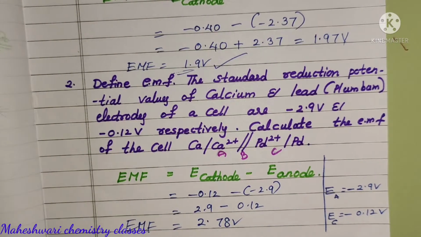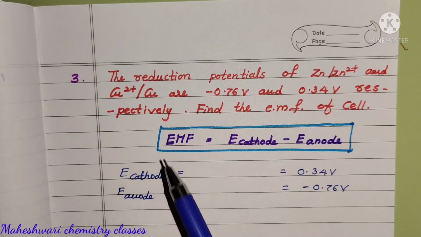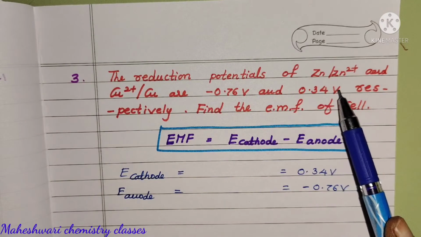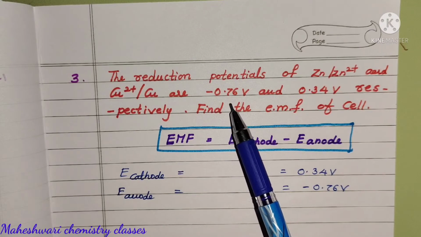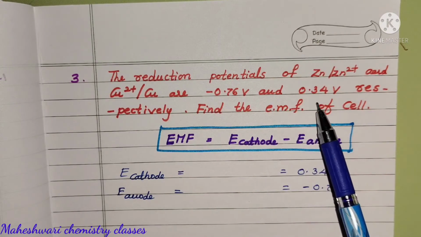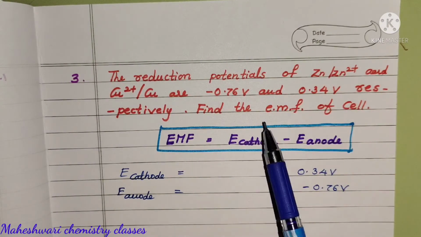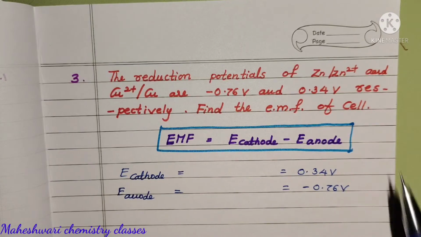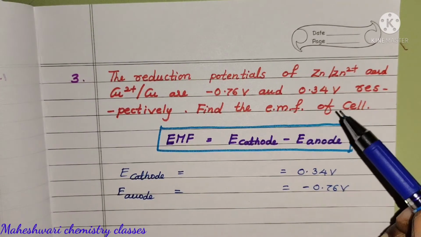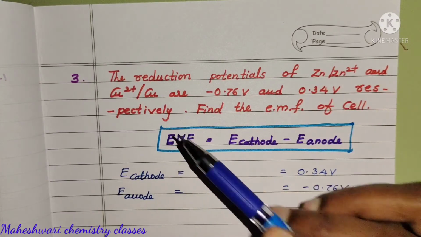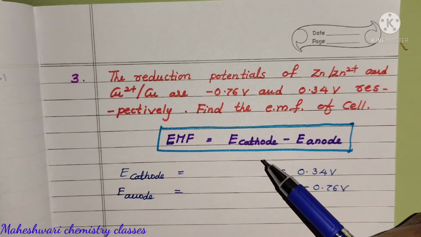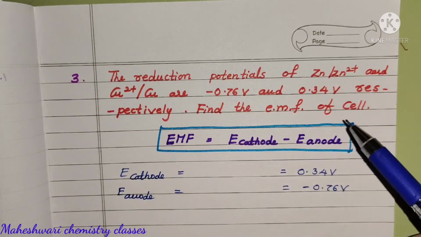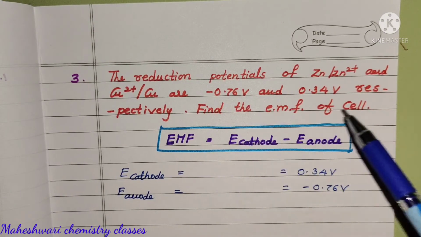So next, problem number 3. The reduction potentials of Zn by Zn2 plus and copper 2 plus by copper are minus 0.76 volts and 0.34 volts respectively. Find the EMF of the cell. Now observe this problem carefully. Here only electrodes are given, but we have to find out which is anode and which is cathode. He gave only reduction potential values.